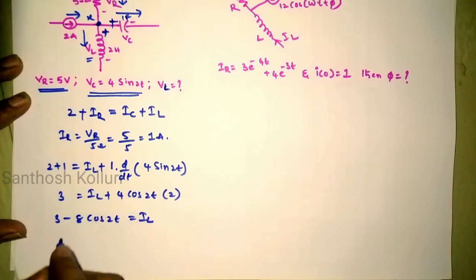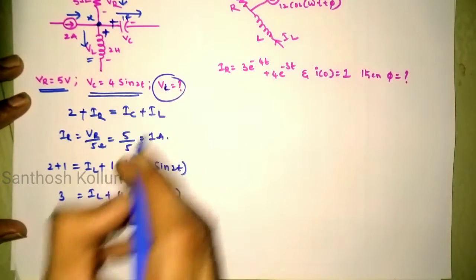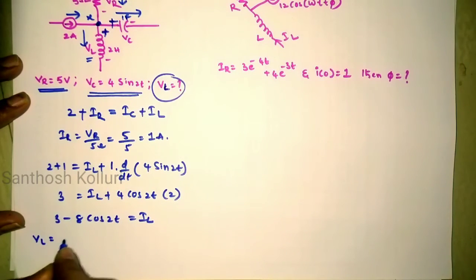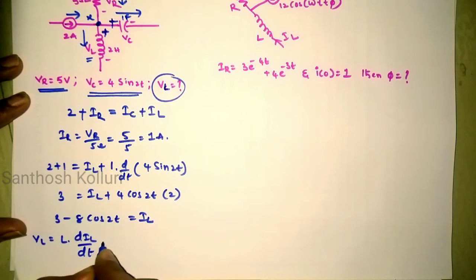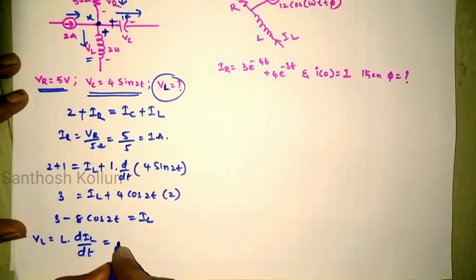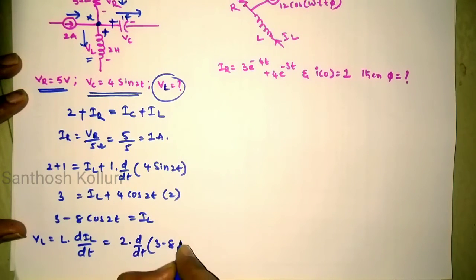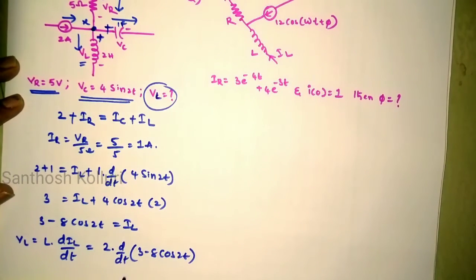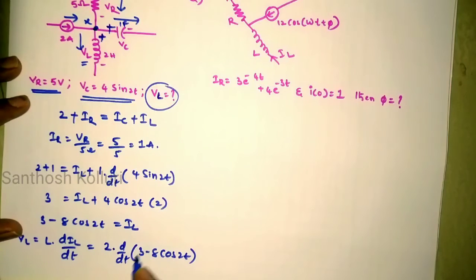And we know that we were asked to calculate VL. So VL is equal to L into dIL by dt. The value of L is 2 henries, so 2 into d by dt of 3 minus 8 cos 2t. The final result of this is 32 sin 2t amperes.